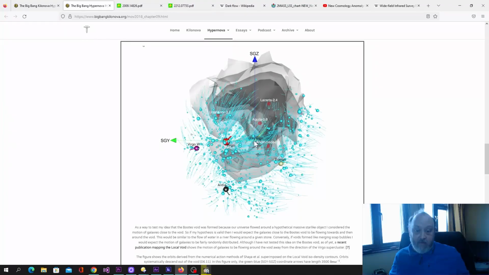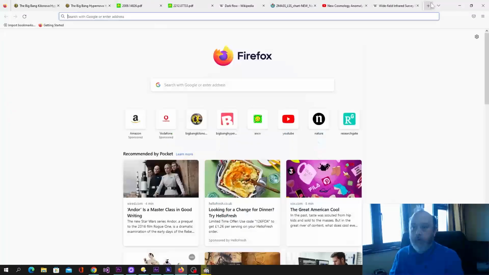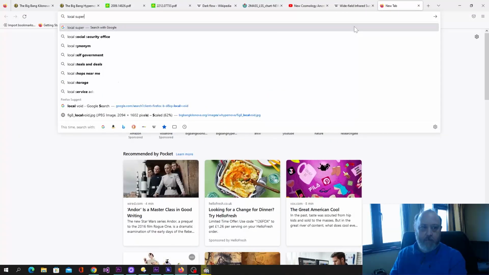We've got the Andromeda galaxy right next to it, and then all the other galaxies surrounding us that make up the local group. It's showing the velocity and direction of travel of all the galaxies within the local group, and they're all going in the same general direction. That direction is on the other side of the Milky Way galaxy from us, where there is a massive void called the local supervoid.